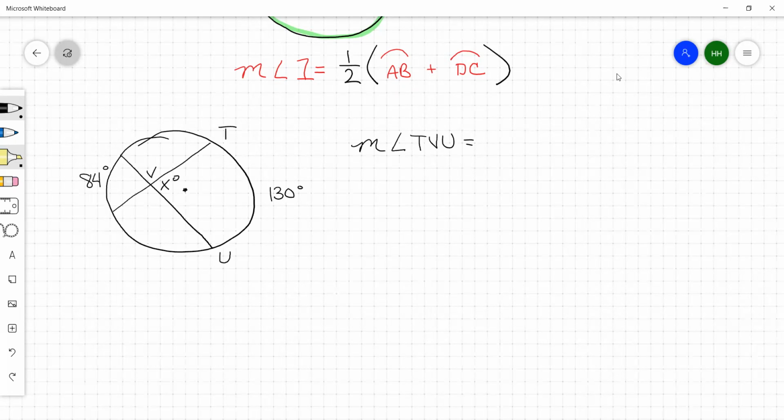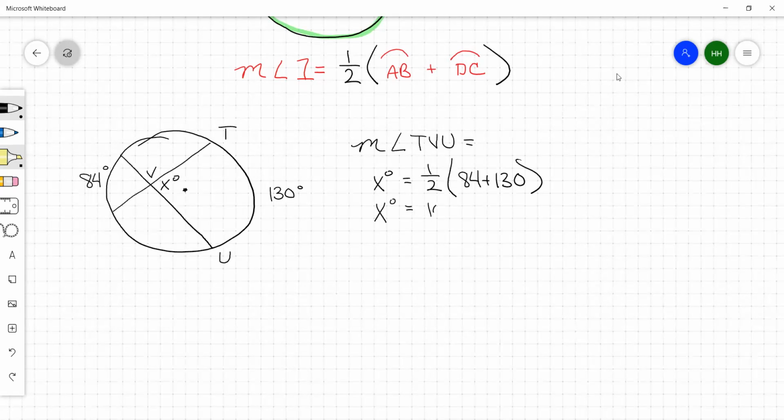So the measure of TVU, or X degrees, is going to be equal to 1/2 of the 84 plus 130. And what do you get? 107.